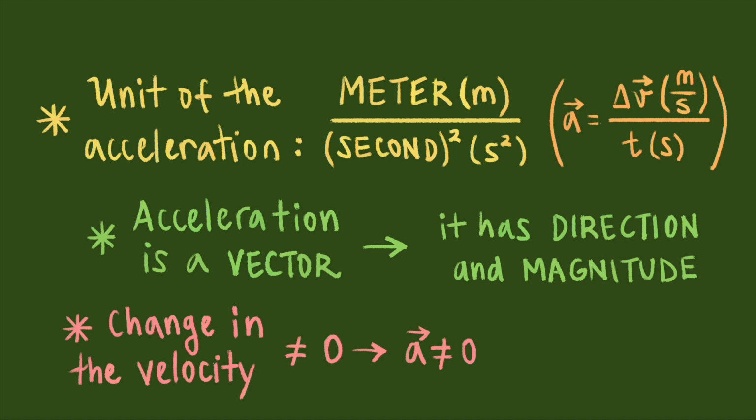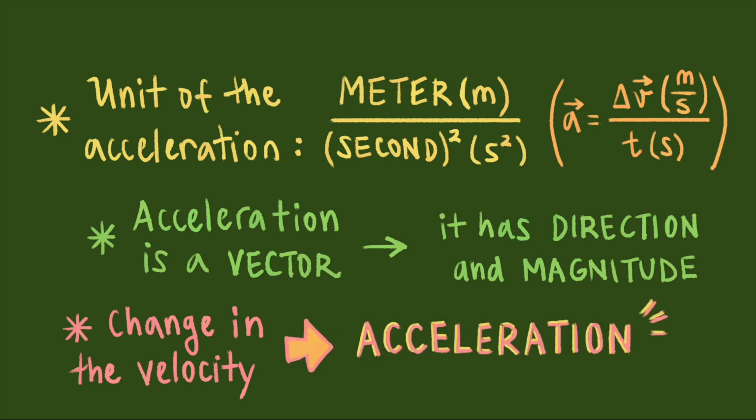The word acceleration tends to give the impression that when the acceleration is non-zero, the object is rapidly increasing its velocity. However, acceleration is present whenever there is a change in the velocity. So, even when an object is decelerating, we still say it is accelerating. I would like to draw your attention to this point.